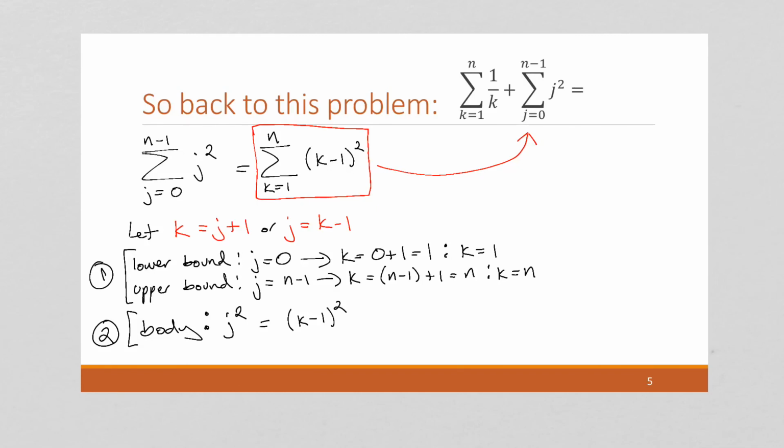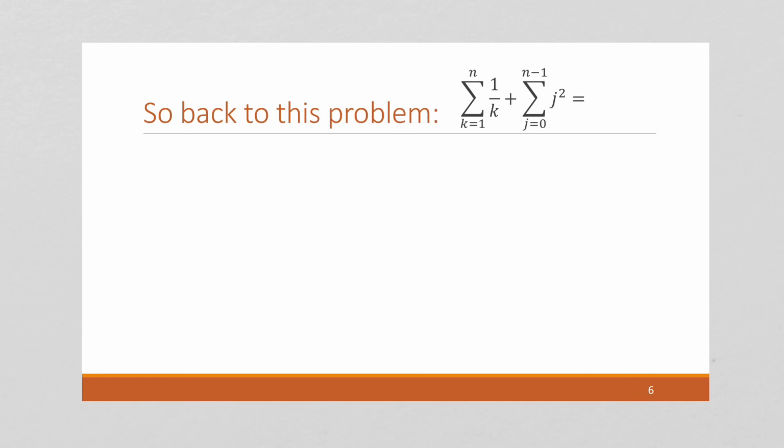All right, this is still what we're trying to solve up here. So we've only done the first step. We've changed the variable in one of the sums so that now they should match. So I'm going to go to the next page and rewrite our equations using this new sum. So I'm going to rewrite what we had here, the original problem.